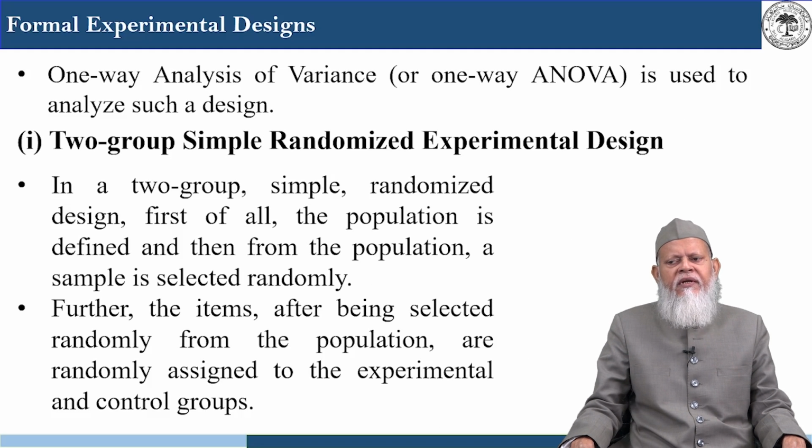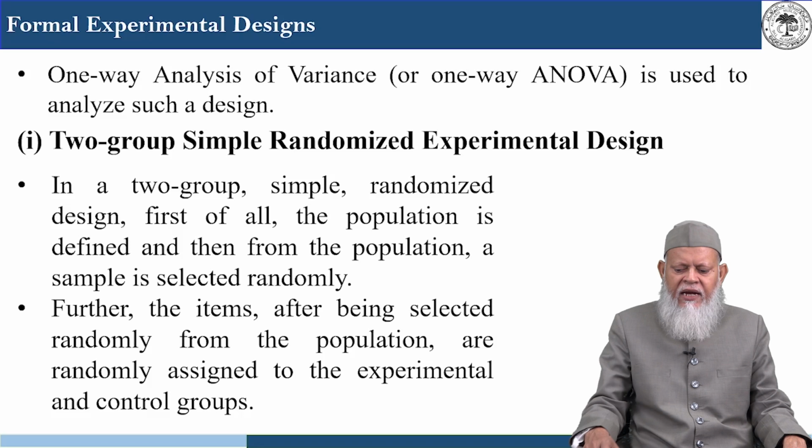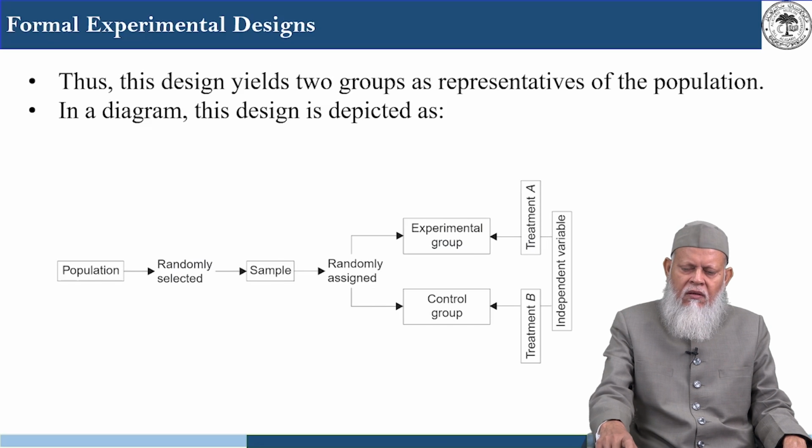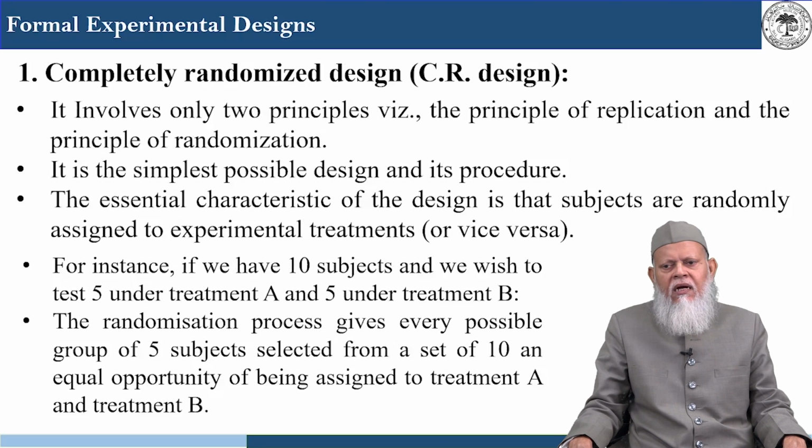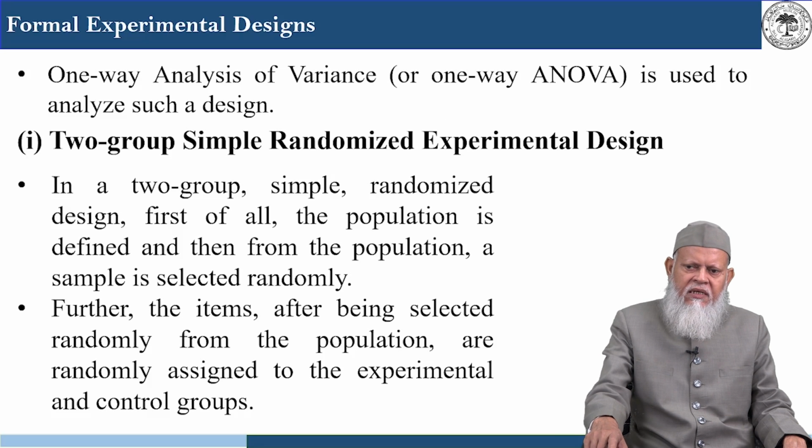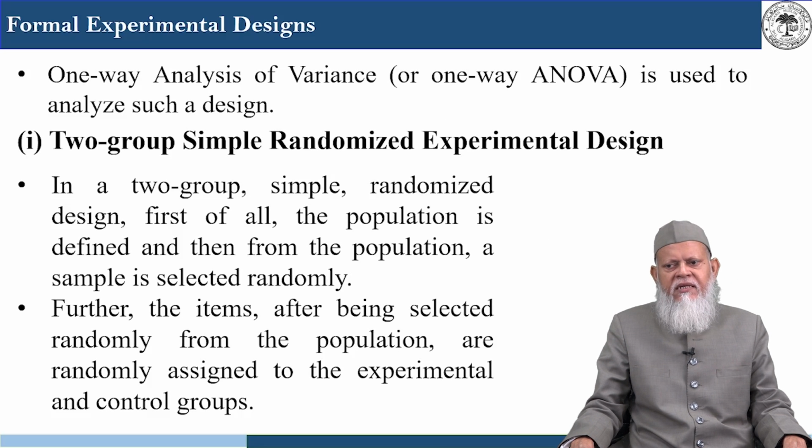The most frequent statistical analysis which is used in such kind of design, that is completely randomized design, is the analysis of variance, one-way analysis of variance, or one-way ANOVA, which is the most appropriate technique to analyze such a design.